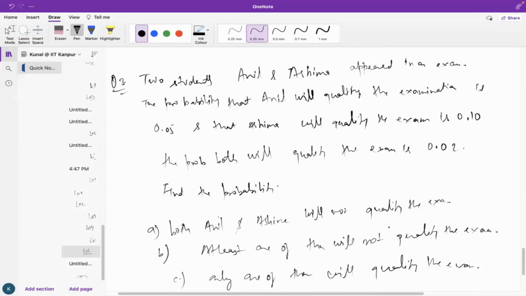That means what I'm trying to say is कि Asima की पास होने एंड फेल होने की जो कंडीशंस हैं वो अनिल के पास होने और फेल होने कंडीशन से कोई मैच नहीं करता. ठीक है, दोनों में कोई रिलेशन ही नहीं है.